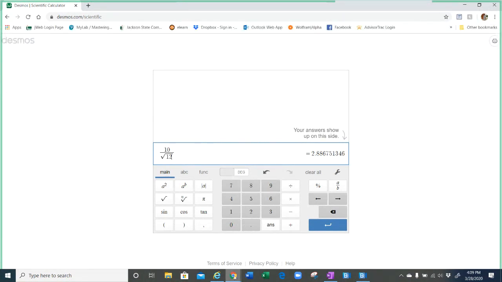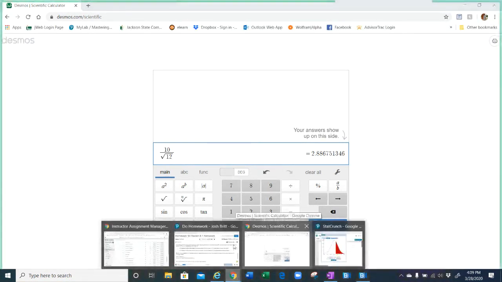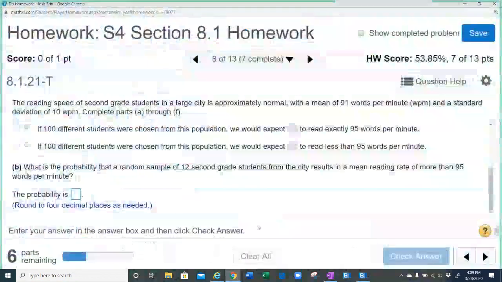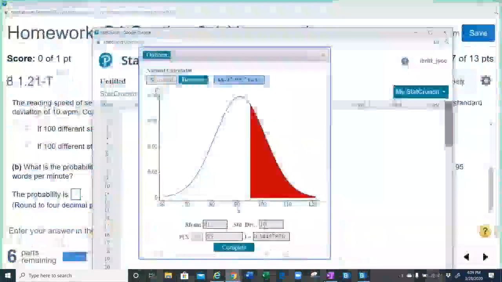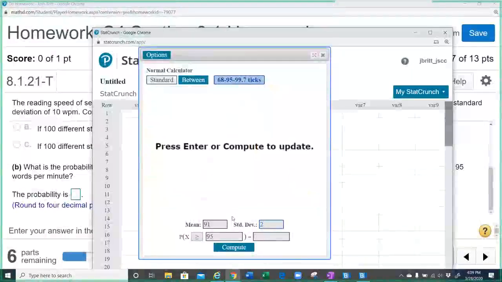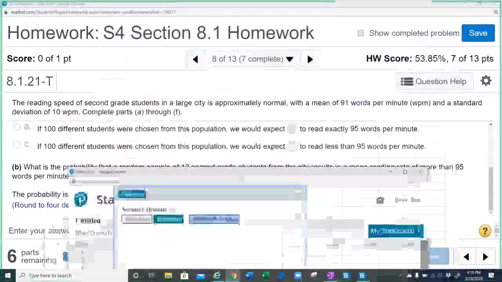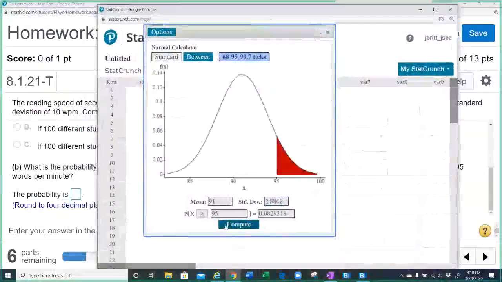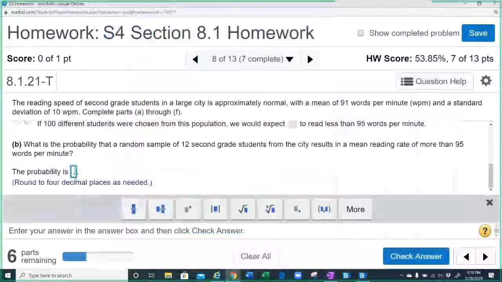So let's go type that in. The mean is 91, and standard deviation is 2.8868. And then we wanted more than 95. So more than 95, that's 0.0829.